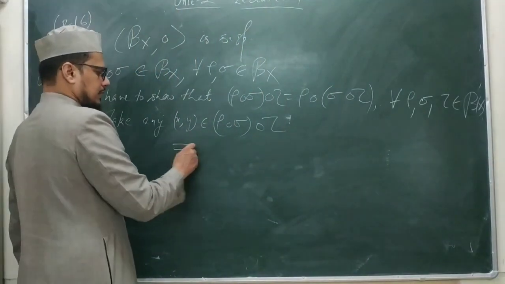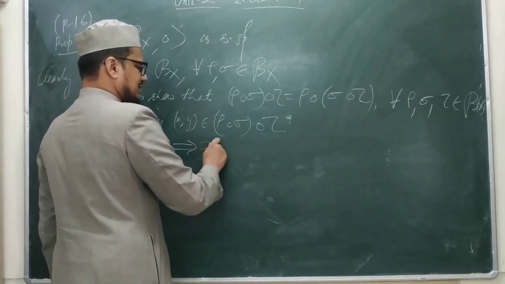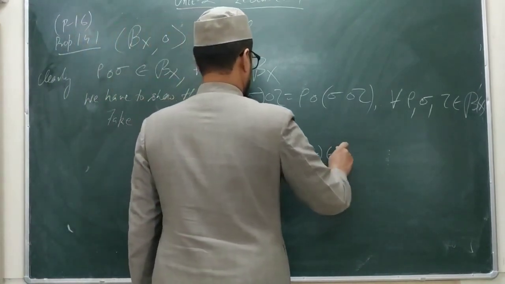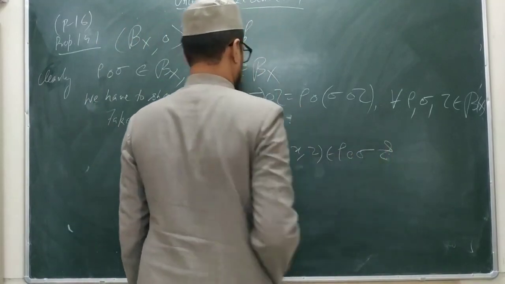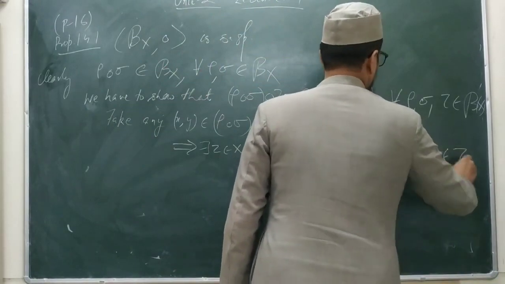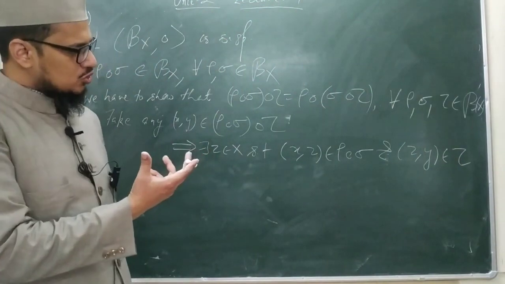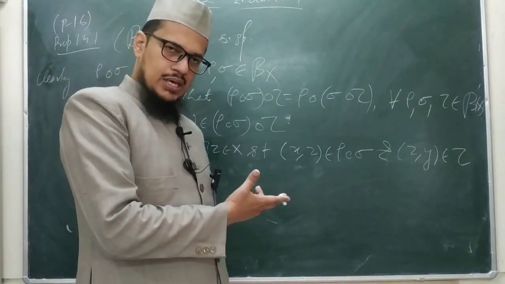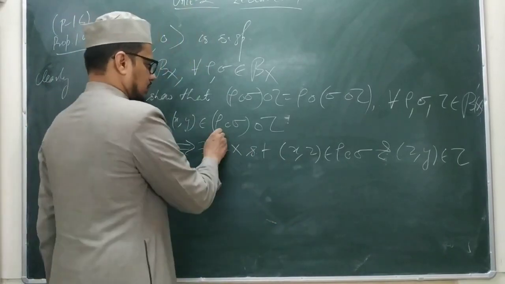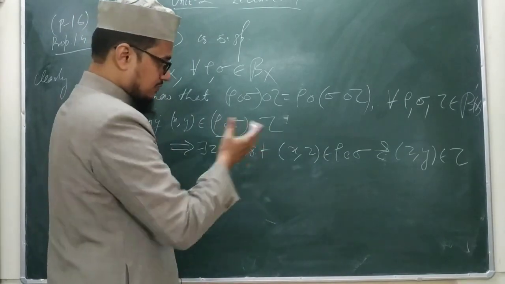Now you see that it implies there exists z belonging to X such that (x, z) belongs to rho composition sigma and (z, y) belongs to tau. Is it clear? Because if we apply the definition of composition, it will be this.